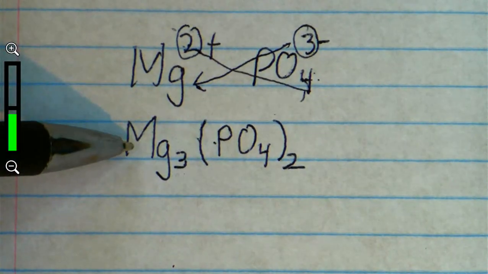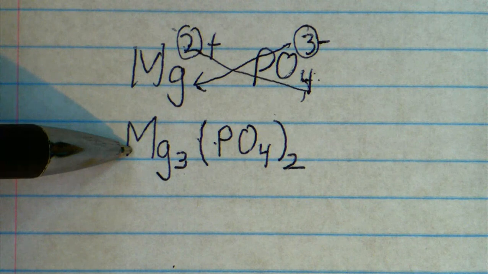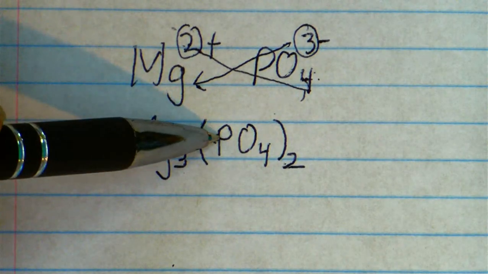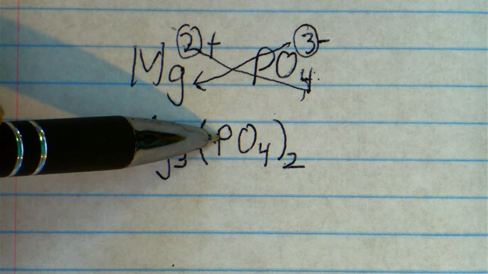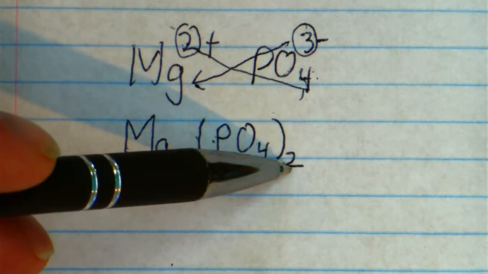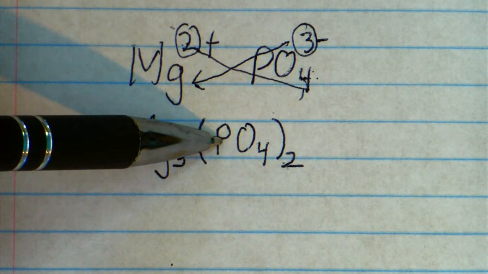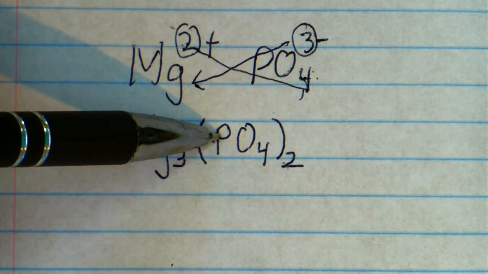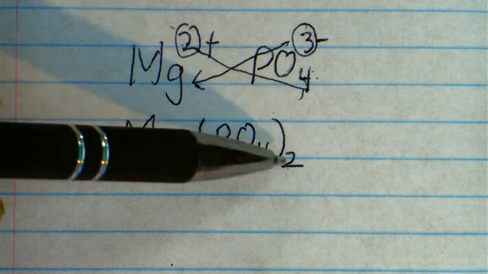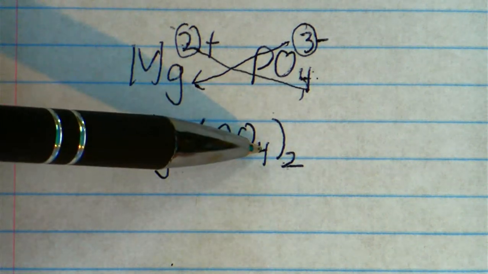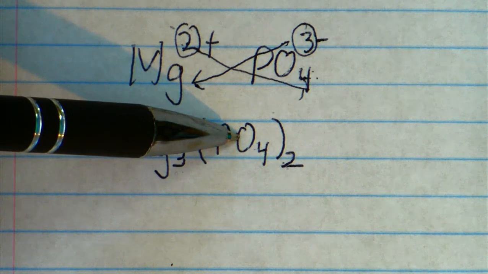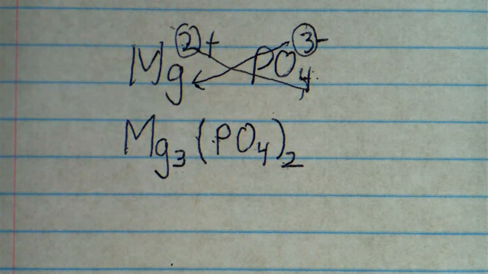This example has 3 magnesium atoms. It has 2 times 1. It has 2 phosphorus atoms in it, and it has 2 times 4 is 8 oxygens in this one molecule.